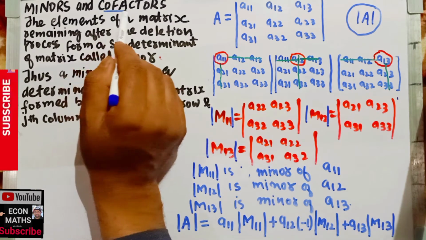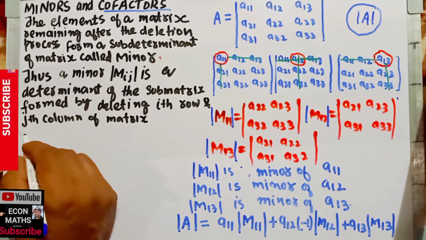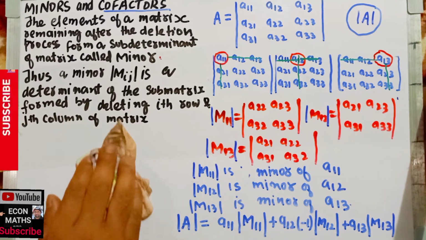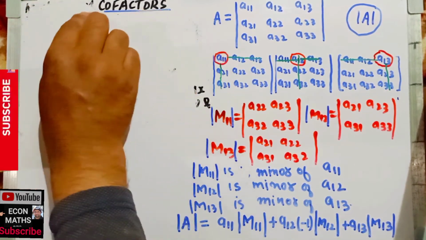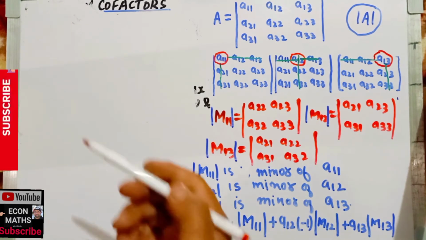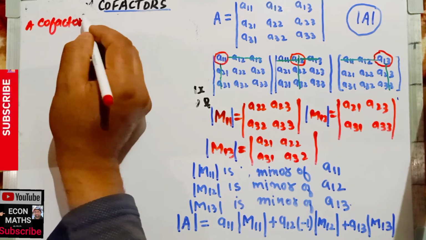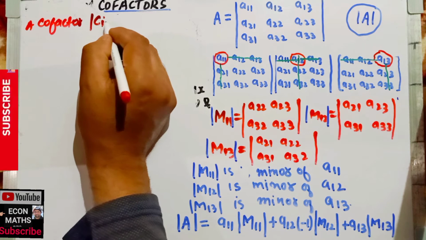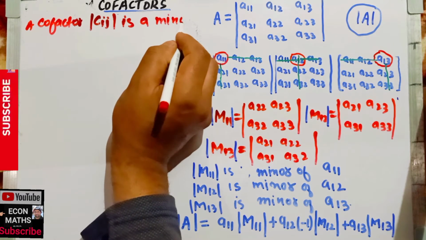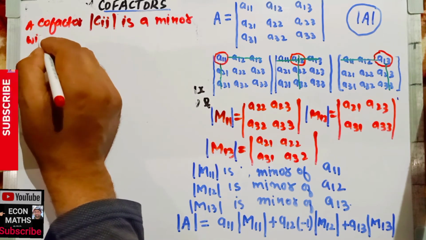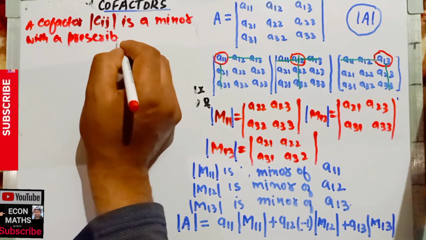Now I will write the definition of a cofactor. So first I will erase this. A cofactor, denoted by Cij, is a minor with a prescribed sign.